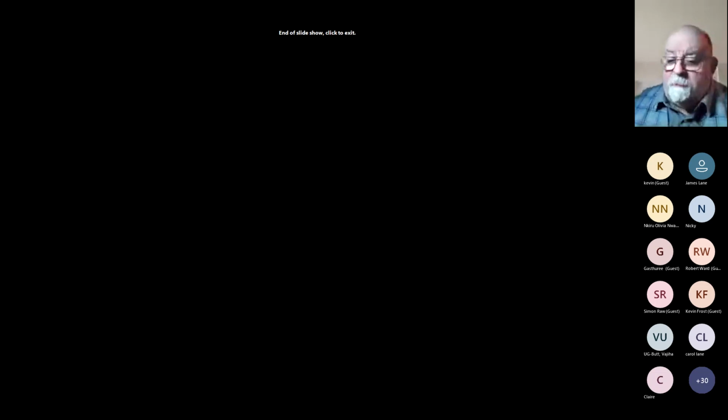So I'm just going to pop the slides off now so that I can see everybody and everybody can see me. And what I'd just like to do is demonstrate on the specs that I'm wearing at the moment how the position of the frame will affect the measurements that you're taking.